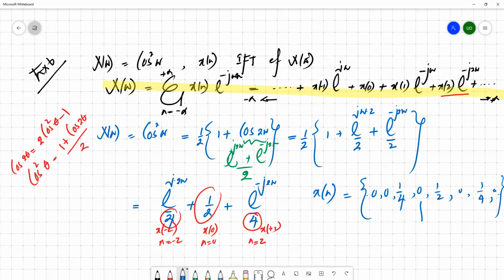Or else you can use delta functions and write it as half delta[n], which is at n equals 0, plus 1 over 4 delta[n minus 2] plus 1 over 4 delta[n plus 2]. So this is the solution.